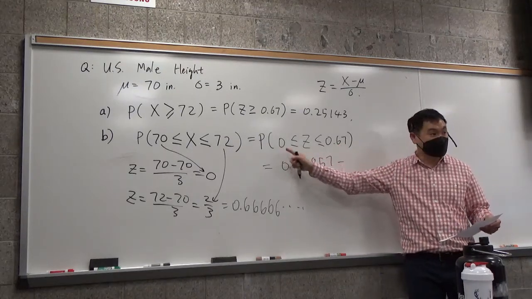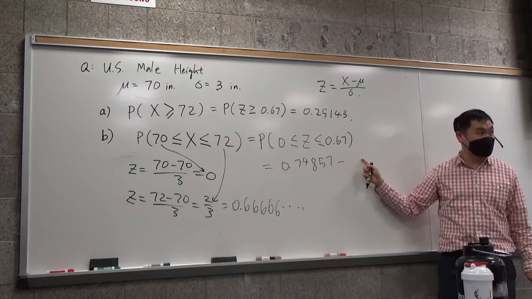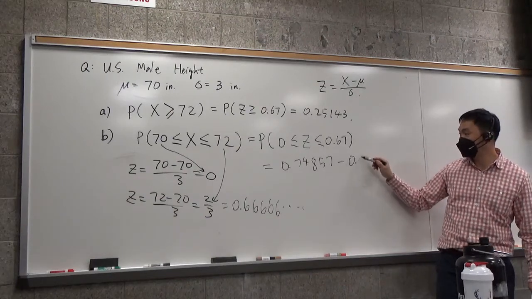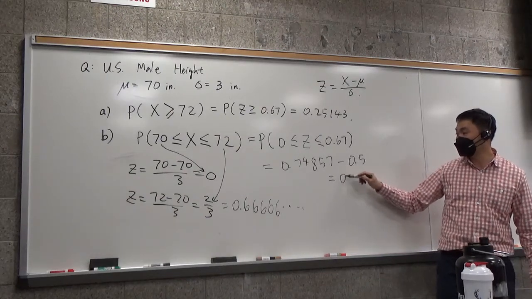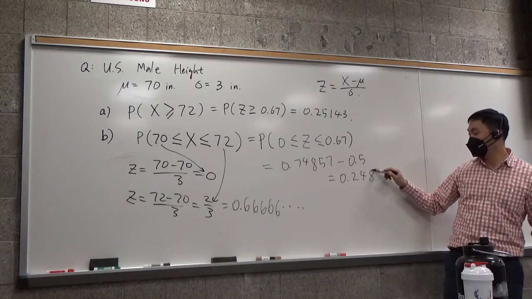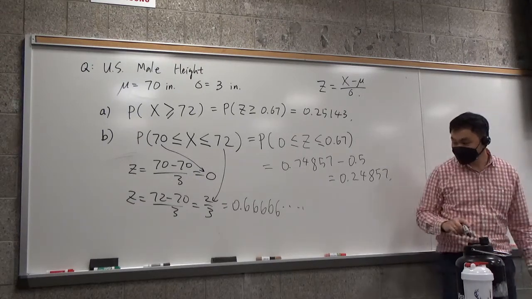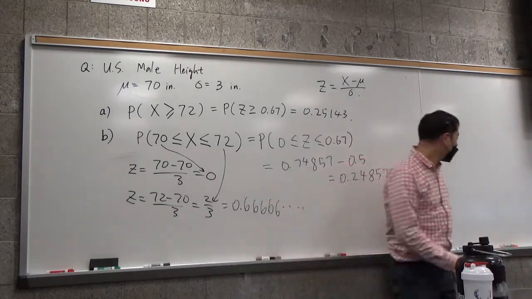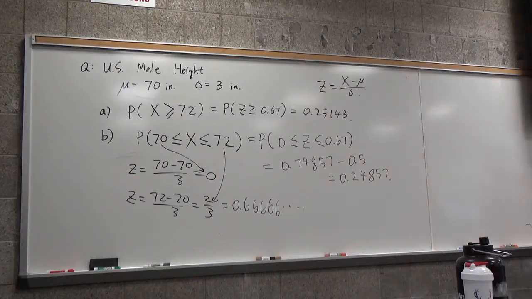But since you're starting from 0, you have to subtract something. What do you subtract? 0.5. And therefore, this will be 0.24857.